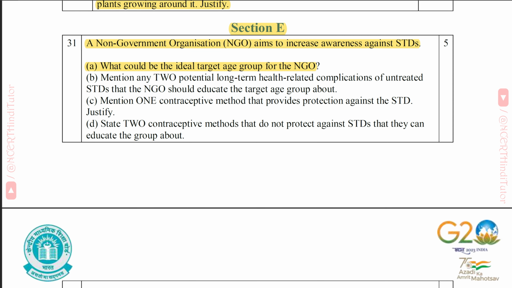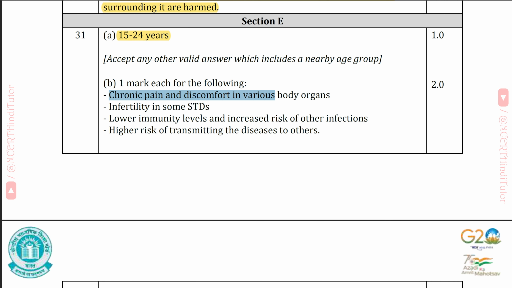B. Mention any 2 potential long-term health-related complications of untreated STDs that the NGO should educate the target age group about. Answer. Chronic pain and discomfort in various body organs, infertility in some STDs, lower immunity levels and increased risk of other infections, higher risk of transmitting the diseases to others.